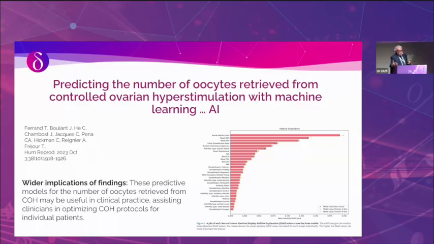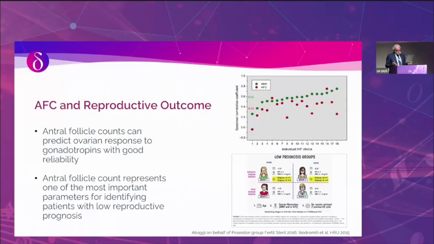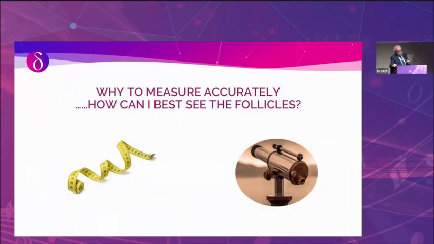I think this is the new possibility in the near future. I always speak about artificial intelligence in several parts of this presentation, because I think with a good application, it's probably a new frontier. And as the colleagues showed before, it is a fundamental part of the classification of a low prognosis group based on the Poseidon group.